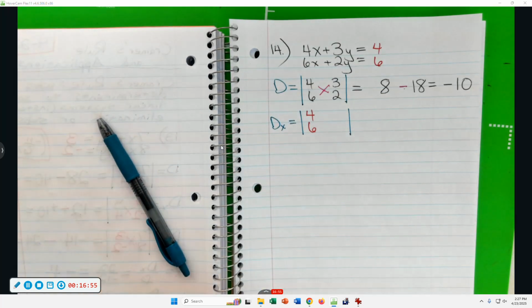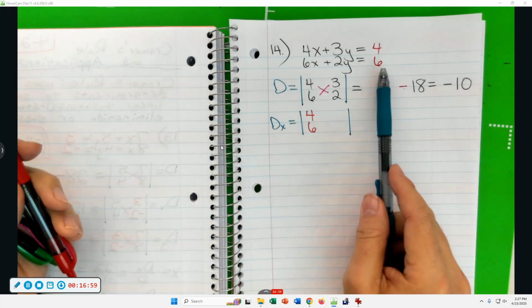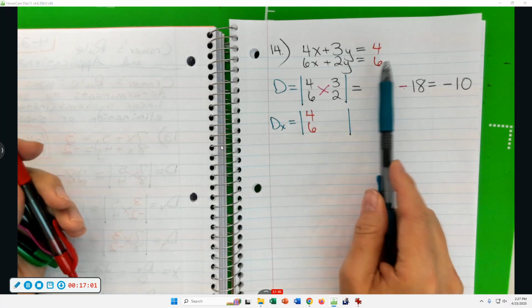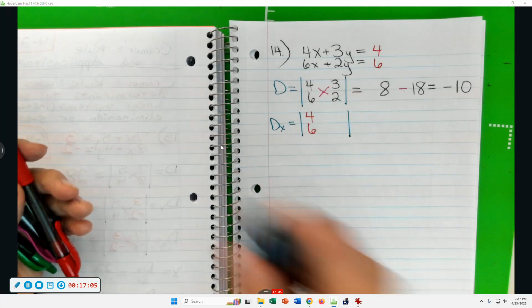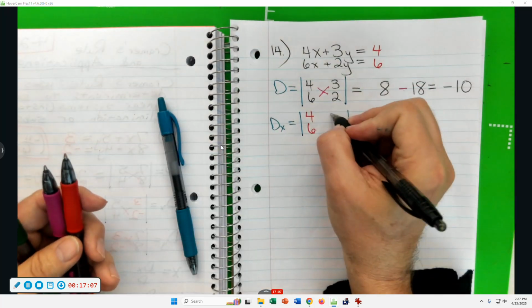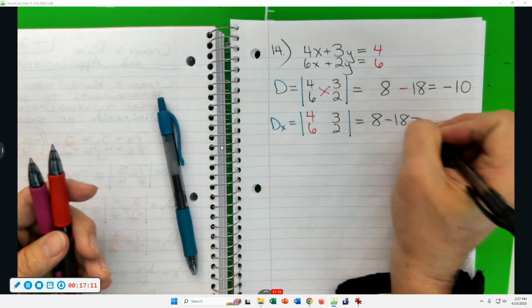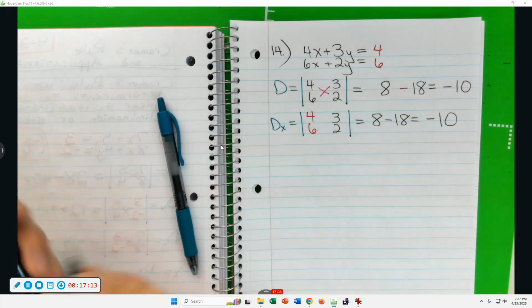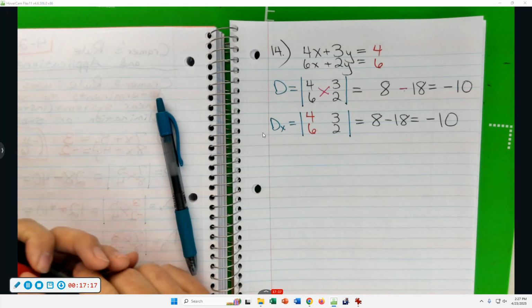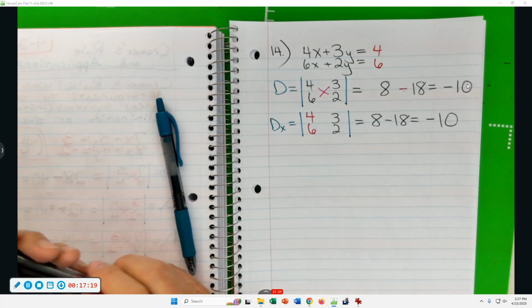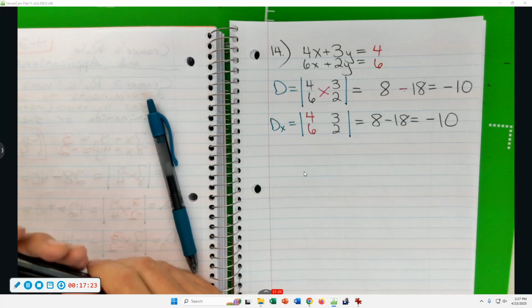The x column is replaced with the column of constants. Those constants are the same as the coefficients of x. So we're going to have the same determinant. We'll have another 8 minus 18, which is a negative 10. So we at least know that x is 1. Dividing negative 10 by negative 10, we know x is going to be 1.